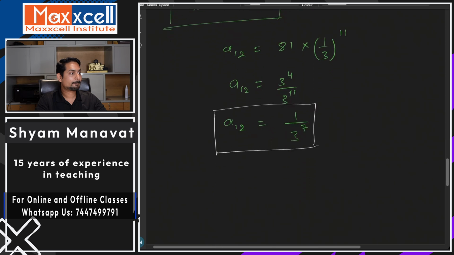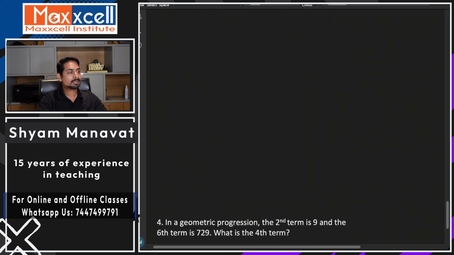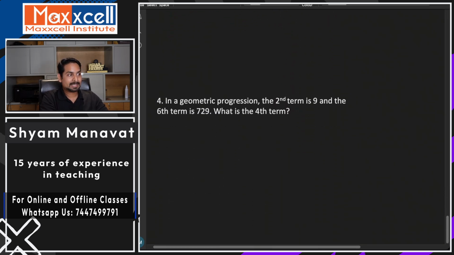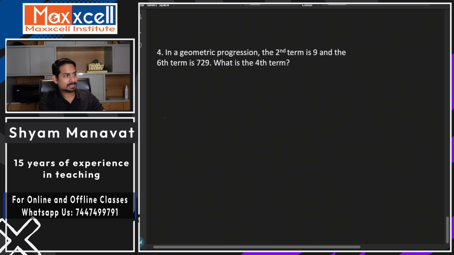Let's see one more question. In a geometric progression, you can pause the video and try attempting it by yourself. That's quite similar to the previous one. In a geometric progression, the second term is 9 and the sixth term is 729. Find the fourth term.